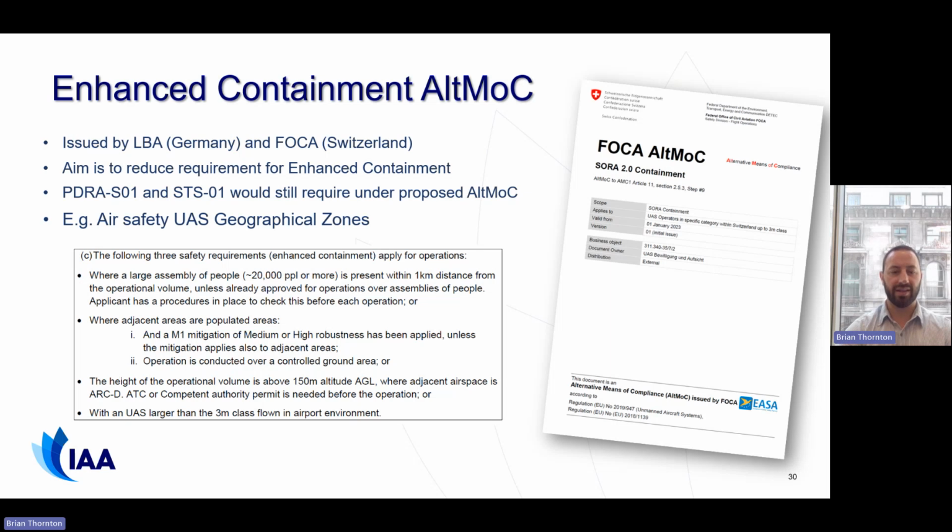Where the adjacent airspace is ARC-D, an ATC or competent authority permit is needed before the operation. So essentially, what the German competent authority, FOCA, have presented to EASA is less stringent requirements on operators to enable them to operate within a defined operational volume, but the requirements are more broadly captured within the ULTMOC, the alternative means of compliance.